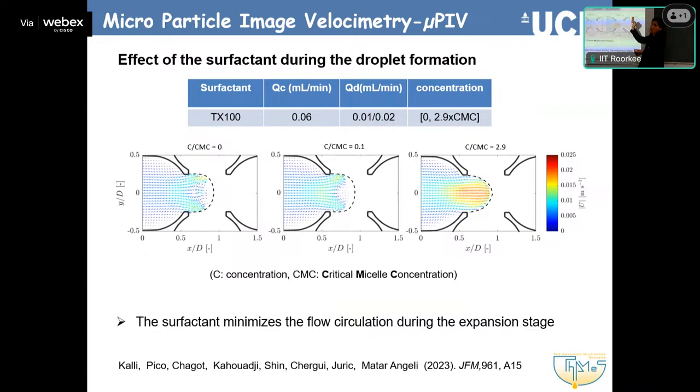This is because you have a lot of surfactants on the surface, whereas here the surface is more mobile, and as it moves, it allows the circulation patterns to form. Here, it's not possible anymore. So this is very important if we want to understand where the surfactants go, or how they affect the droplet generation. And of course, if you are trying at the same time to do CFD, computational fluid dynamics modeling, it's very good for doing the comparisons.